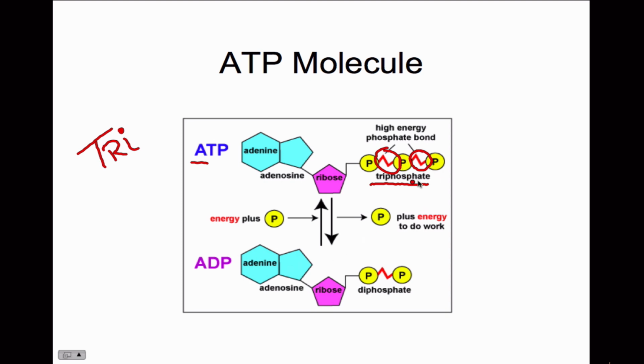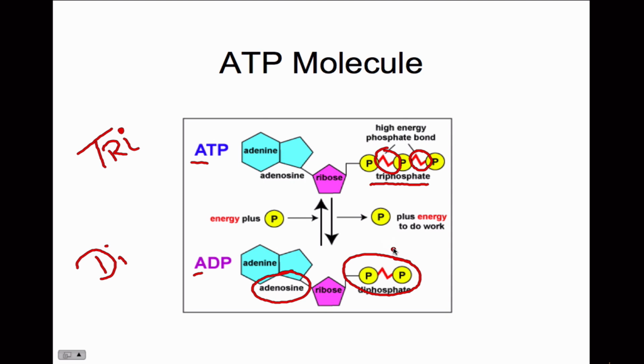There's this cycle where ATP goes to ADP, and ADP goes back to ATP, and it's all about these phosphate molecules. Now, ADP is a different kind of molecule, but it's still made of adenosine, that's the A. The D is for di, and di means 2. So see here we have 2 phosphate molecules. When there's only 2 phosphate molecules on this entire molecule, it's ADP.